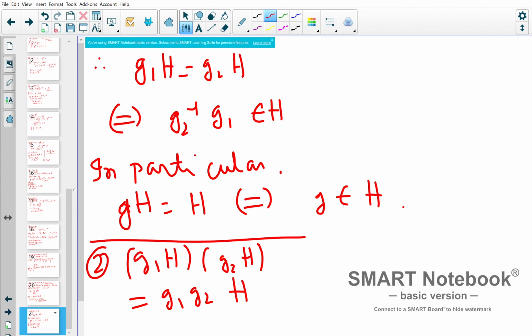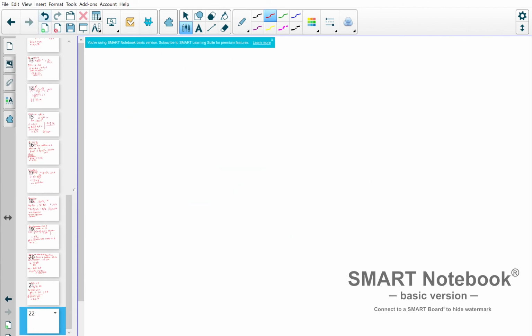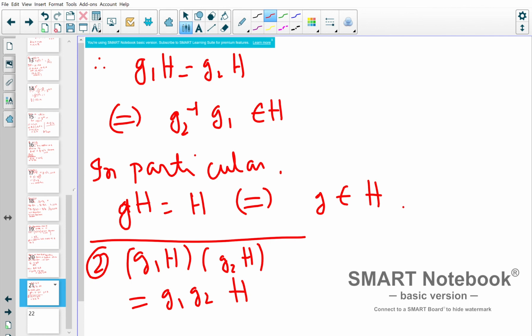You can collect all those cosets and want to know how it looks. Maybe I will stop here because I want to discuss two more important things that is not possible today.